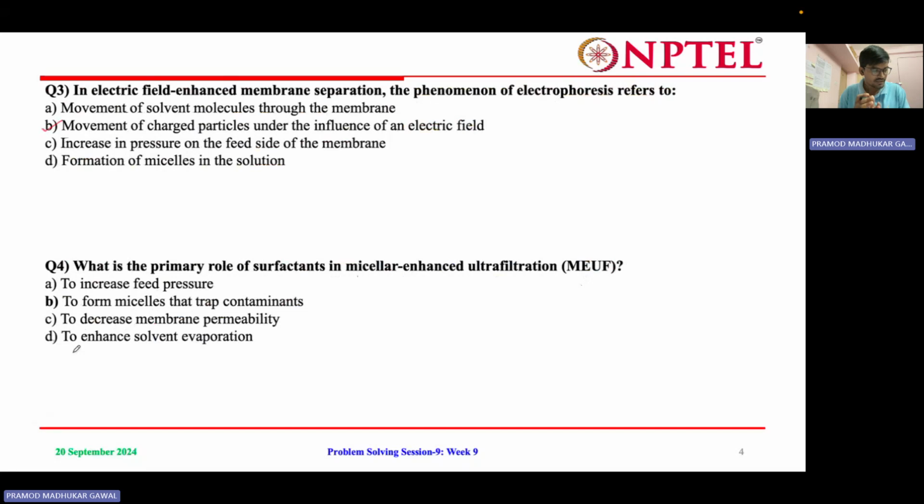These micelles can encapsulate the hydrophobic contaminants, increasing their size and making them easier to filter out by the ultrafiltration membrane. So option B is the correct one. The primary role of the surfactant is to form the micelles that trap the contaminants, which helps us with easier separations.